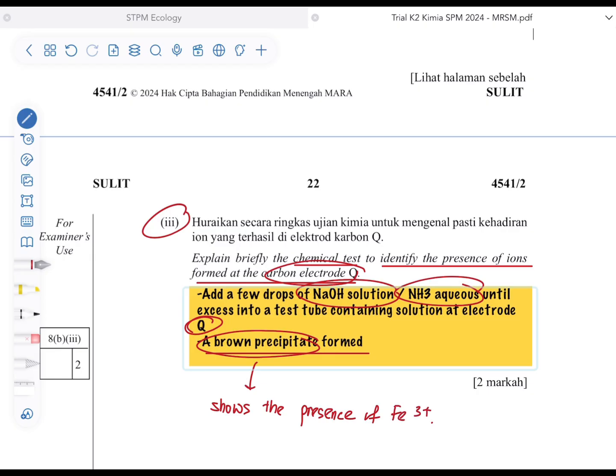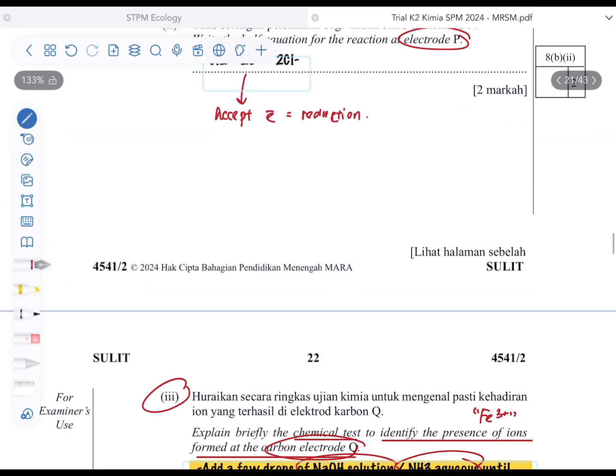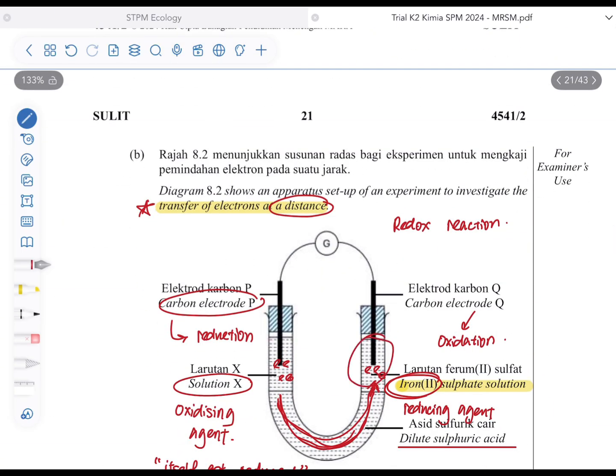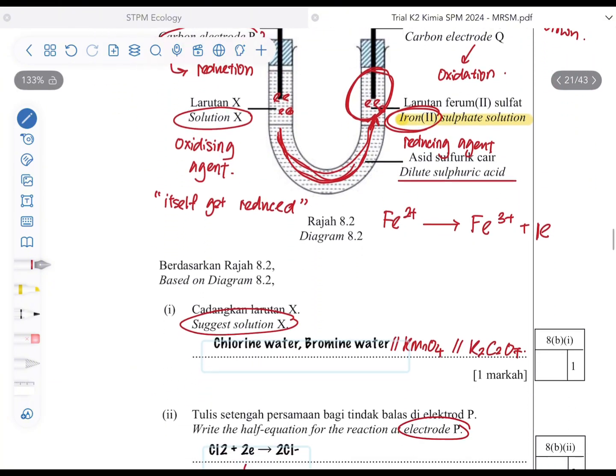So if there is any presence of iron 3 ion, it will form a brown precipitate. So you just collect some solution from here, pour it inside, and then add NaOH until in excess. Lastly, if you see anything that is brown in color, it shows the presence of Fe3+.